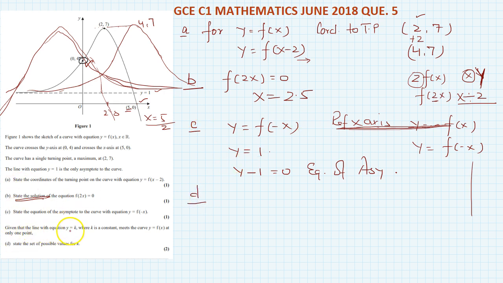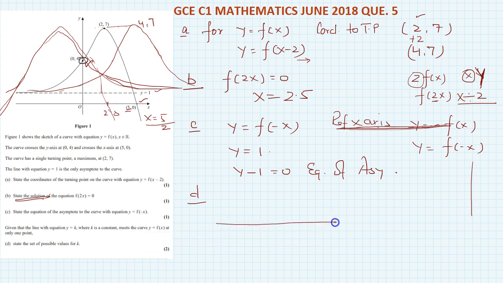And part D. Given that the line with equation y is equal to k, where k is a constant, meets the curve with y is equal to f(x) at only one point, state the set of possible values of k.